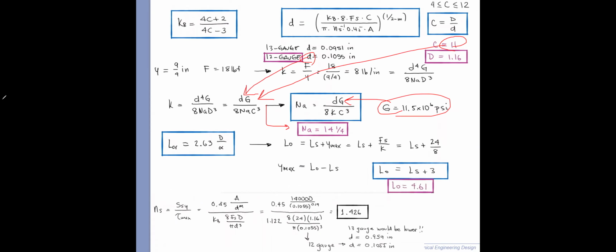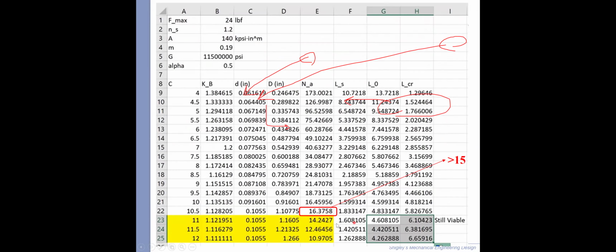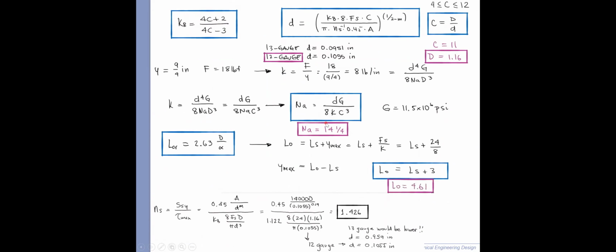So let's go back to this Excel table and look into whether it is okay. So yeah, it's correct. And for its critical deflection, the critical length for the stability issue, L critical has to equal 2.63 times D over alpha, right?